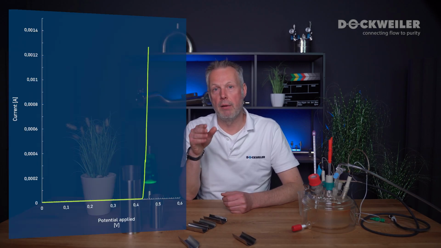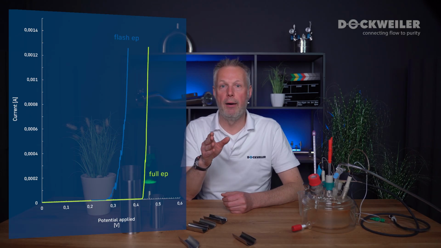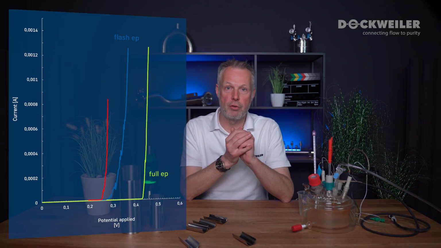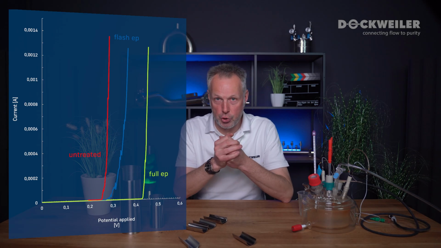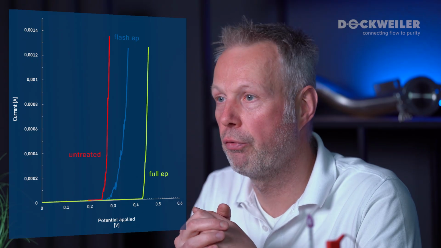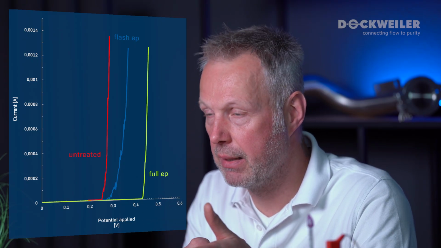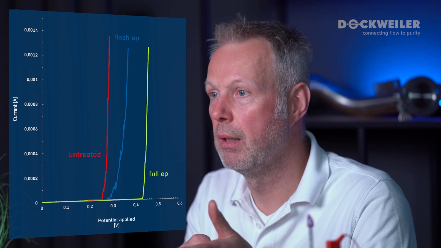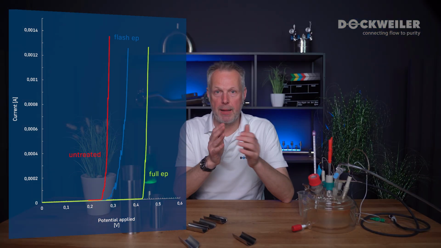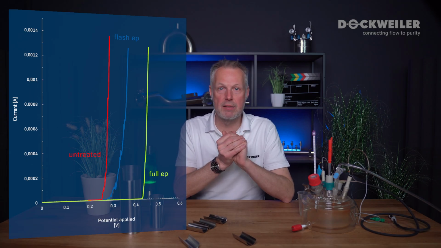And we see that between the perfect electropolishing that you see in the green curve and the red curve, which is the untreated version, we see roughly a 40% decrease of corrosion resistance, because the red curve has pitting that is happening much, much earlier compared to the green one. And that's roughly a corrosion resistance difference of 40%.